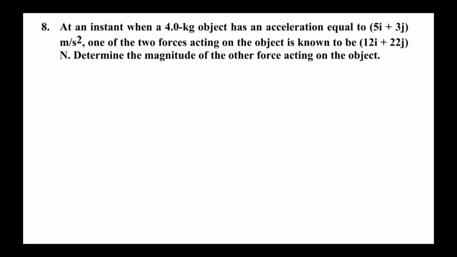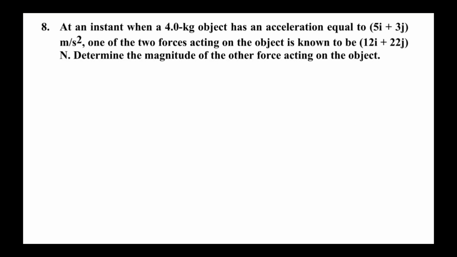At an instant when a 4 kilogram object has an acceleration equal to 5i plus 3j meters per second squared, one of the two forces acting on the object is known to be 12i plus 22j in newtons. What is the magnitude of the other force acting on the object?